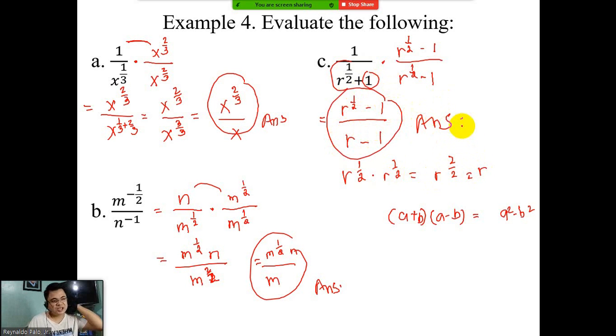So as you can see, class, we are able to remove the rational exponent on the denominator. That's how you simplify expressions with rational exponents. All we need to do is to factor and then apply the different laws of exponents that were discussed previously. Just remember the laws of exponents, and then you will not get wrong answers.